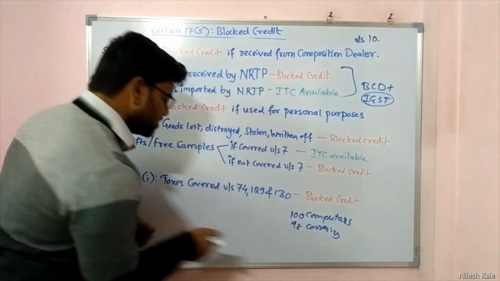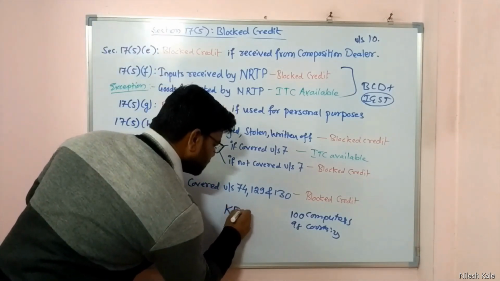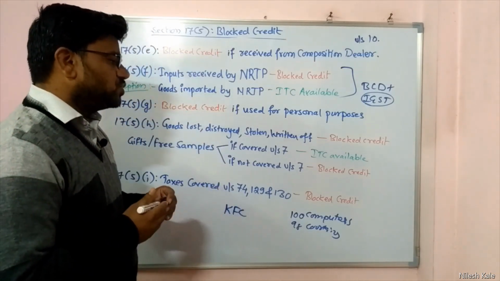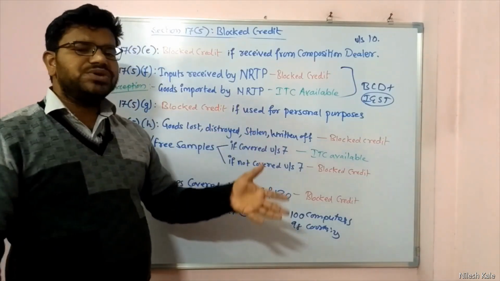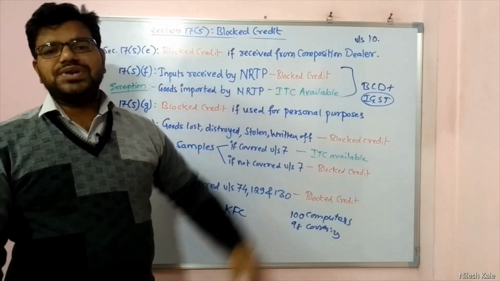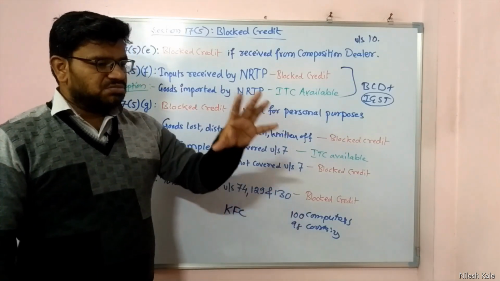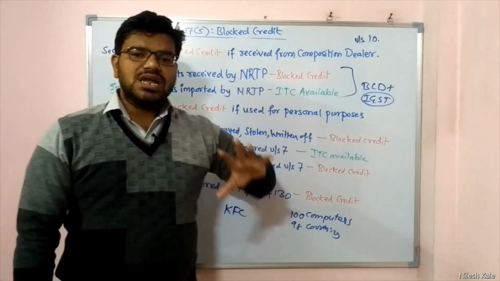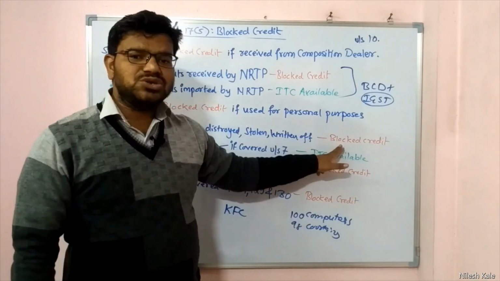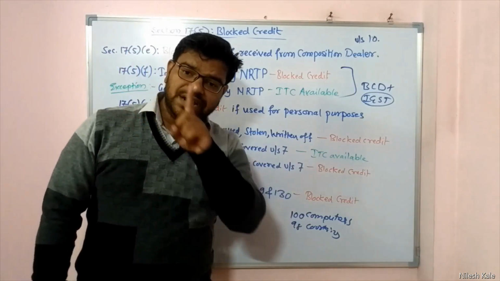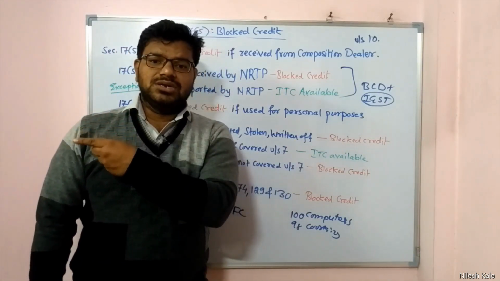You start charging KFC, Kerala flood cess, so that you get your revenue back. But fine, the businesses over there were lost due to the flood, right? So whatever materials were there in that business, all were lost. Credit was also not available. Whatever credit they had taken, they had to give it back to the government.